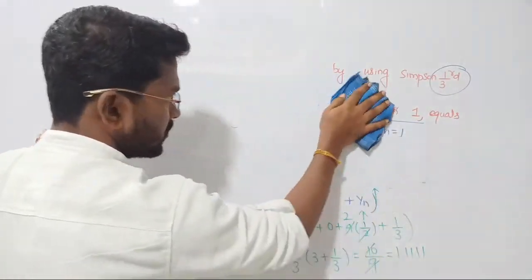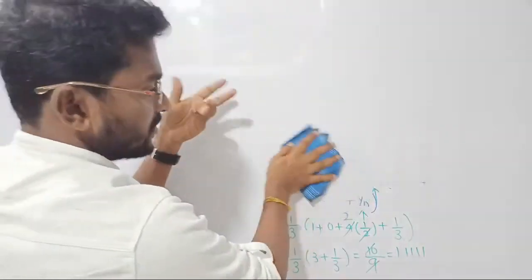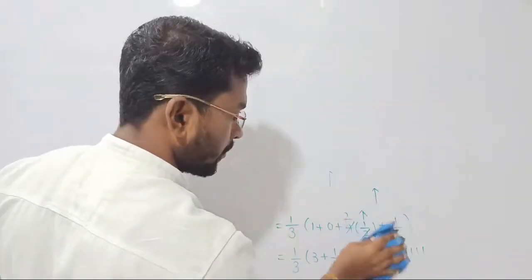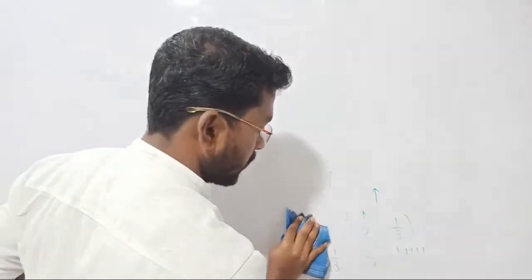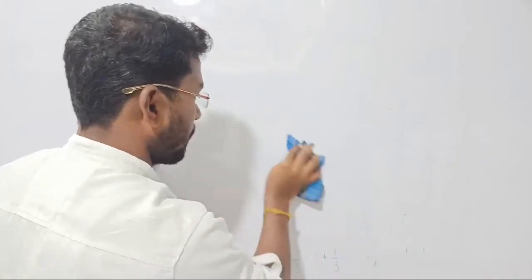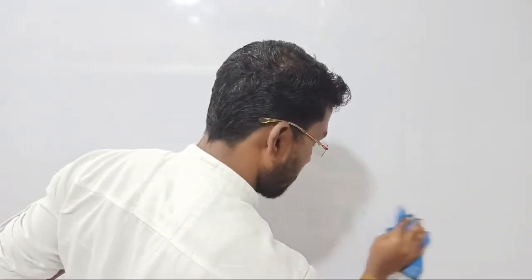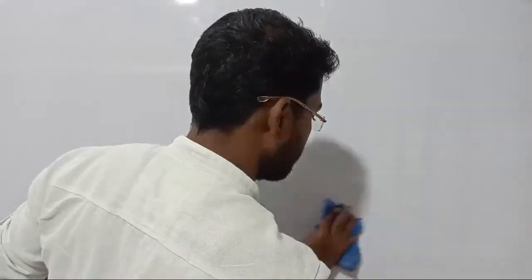While doing integrations, at times if I make any mistakes in substituting the values, please correct it yourself, don't wait for me. Let us move on to the next one.